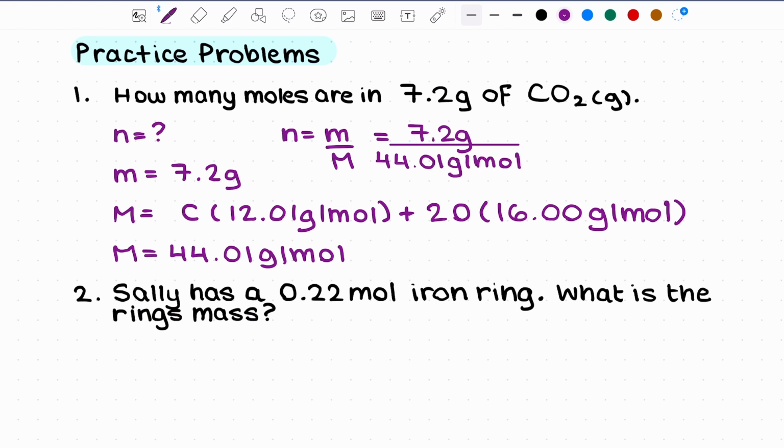If you put that into your calculator, you will get that the amount of moles we have here is 0.16 with a whole bunch of numbers after it, but I'm not going to worry very much about sig digs right now. And so remember that when we're writing down mole, we have to remove the E. So that's our first problem right there.